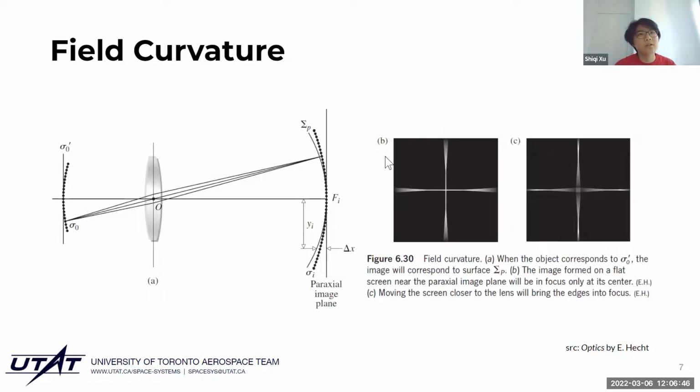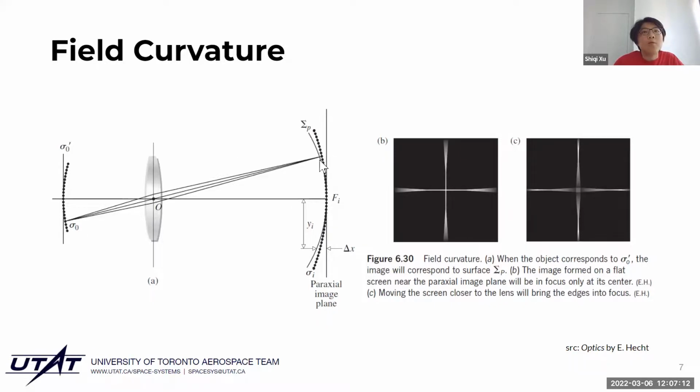But actually, the more you go off axis, the point at which your image forms is not flat. So the object and image planes are actually curved.